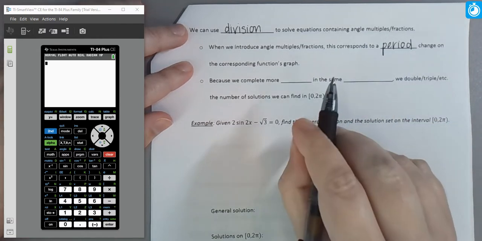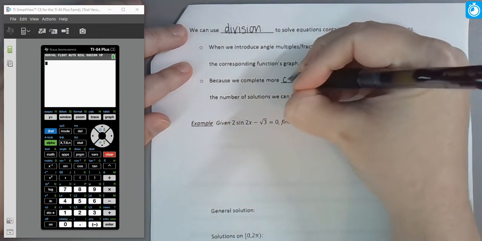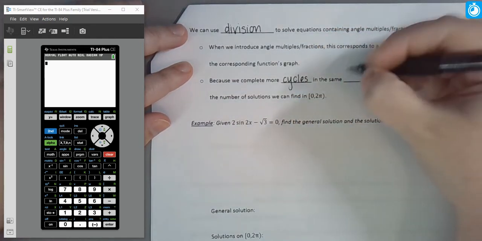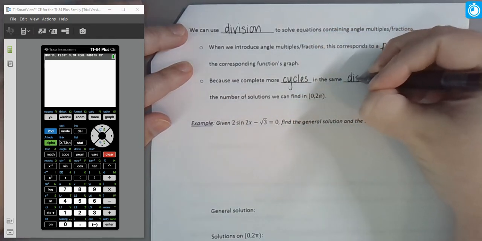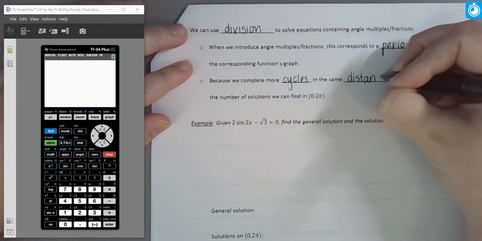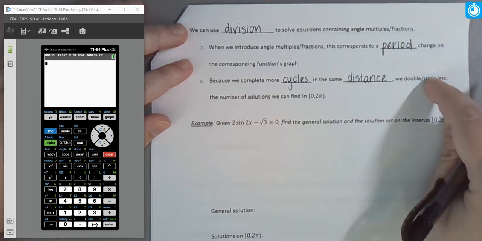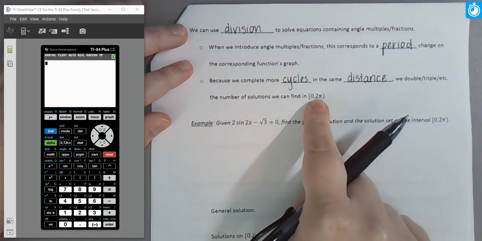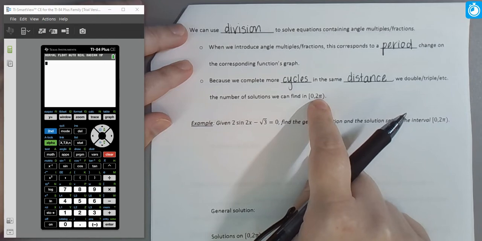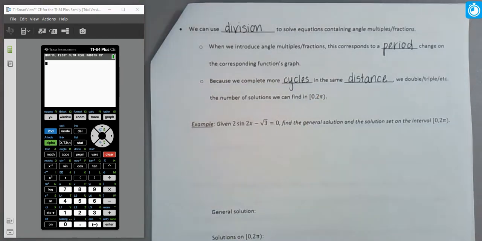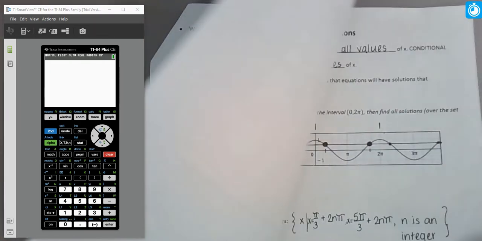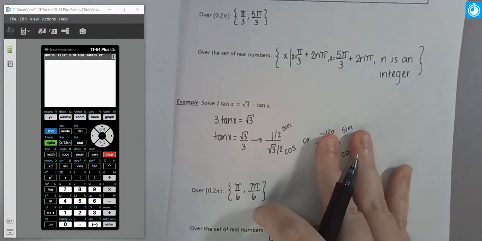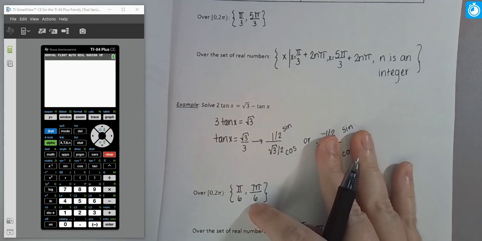If the period shrinks, because we complete more cycles along our function's graph in the same distance, this will also double, triple, quadruple, etc. the number of solutions we find within that first rotation from 0 to 2 pi. So normally, as we've seen from these past two examples, we're going to find 2 solutions within the rotation from 0 to 2 pi.